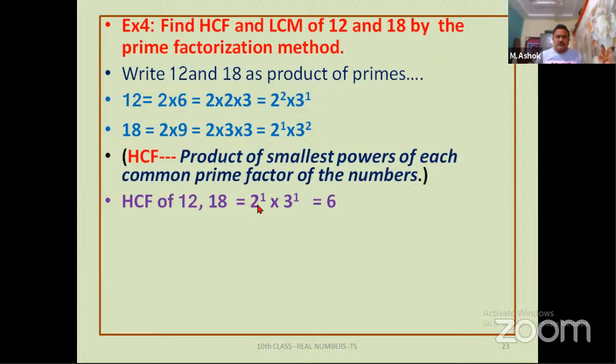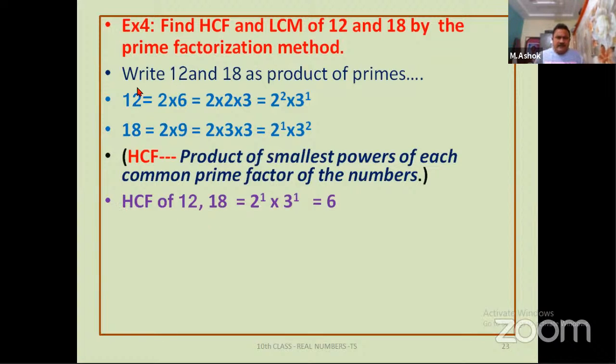Yes, 2 to the power of 1. Here 3 to the power of 1, 3 to the power of 2. So 3 is a common prime factor. But which one is smaller? 3 to the power of 1. Take that. So multiply these two. 2 into 3, 6. The 6 is the HCF of the given two numbers.